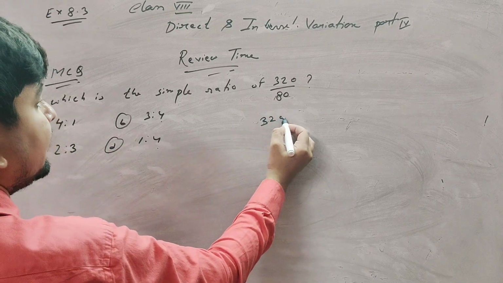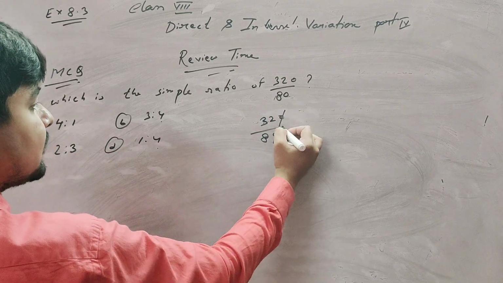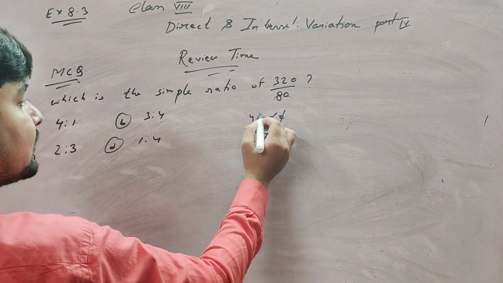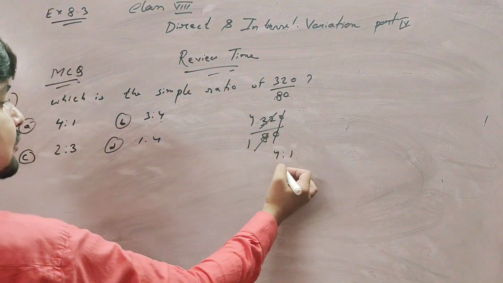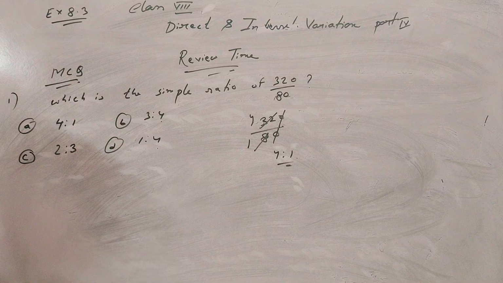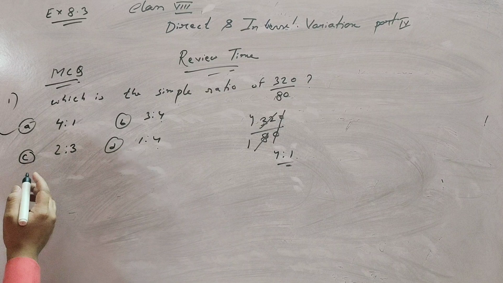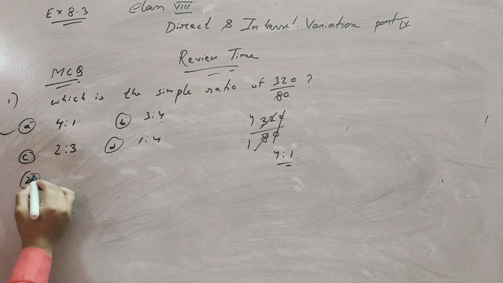So 320 by 80, 0 and 0 cut it down, 8 1s are 8, 8 4s are 32. So the answer is 4:1, which is option A. Clear?